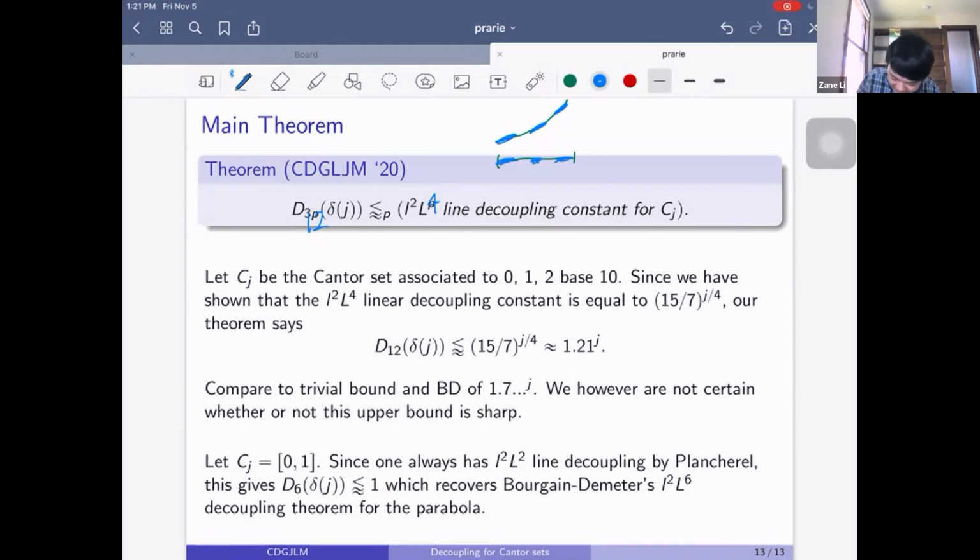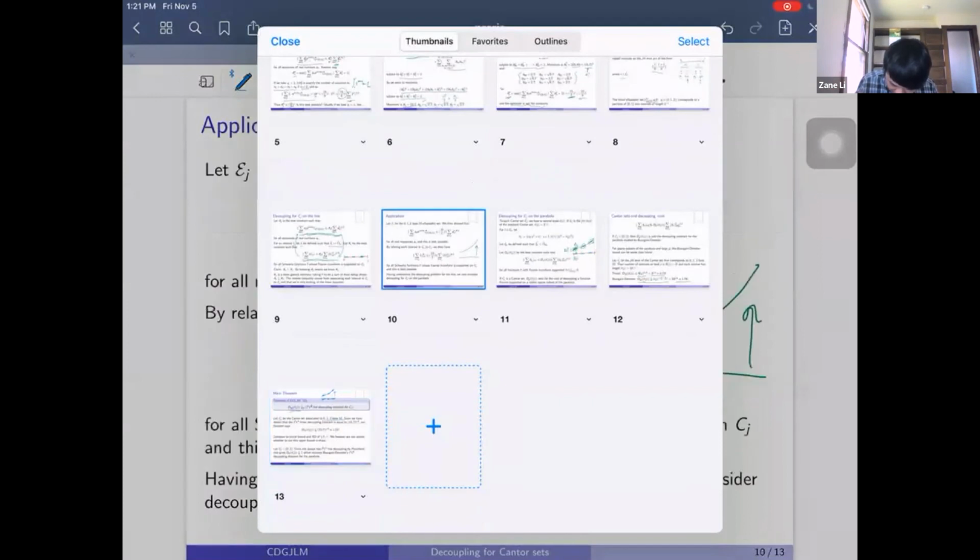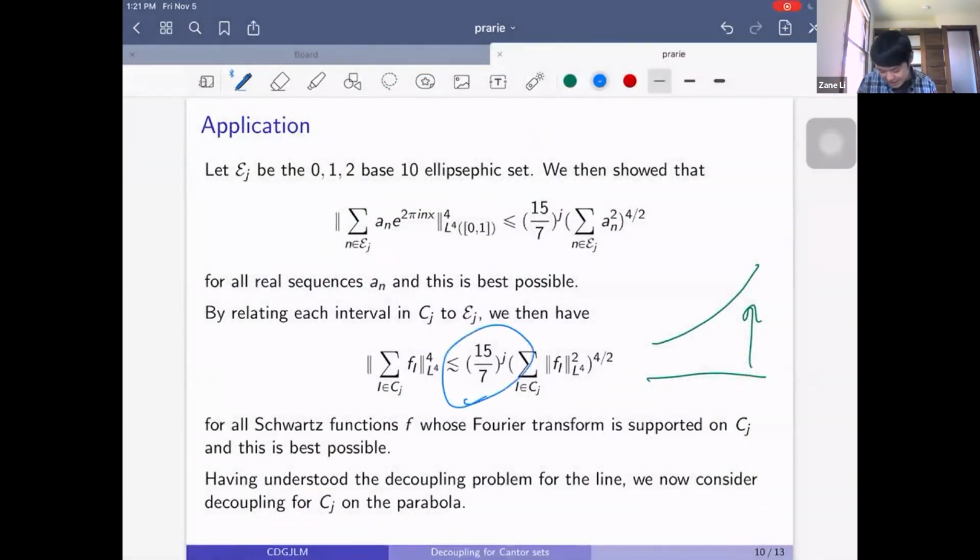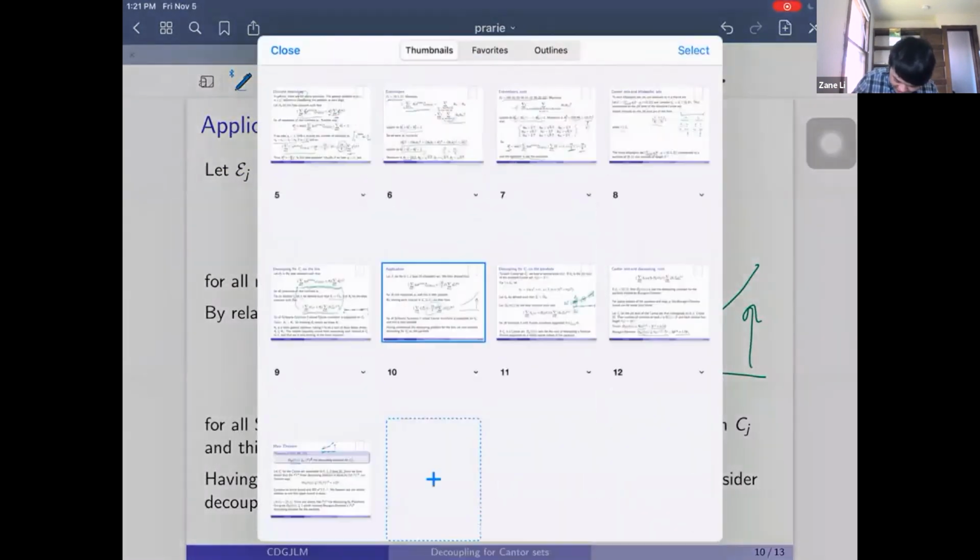If I know how much this costs, then I can upgrade it onto the parabola and it doesn't cost much more. So in this context, if C_j is the Cantor set associated to 0, 1, 2 in base 10, we know from the previous slide that it costs 15 over 7 to the j over 4, divided by 4, to decouple on the line.